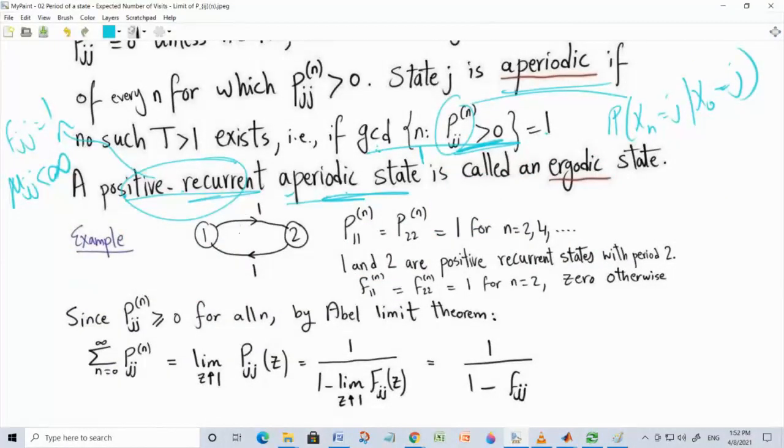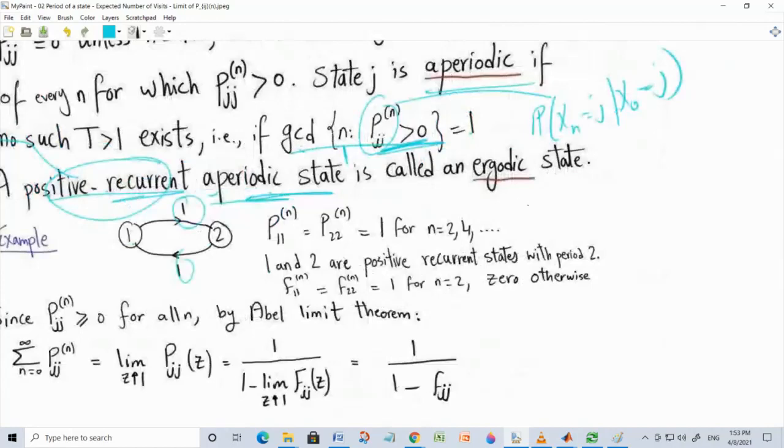Now, let's take this Markov chain from 1 to 2 with probability 1, and from 2 to 1 with probability 1. What is p_11(n)?